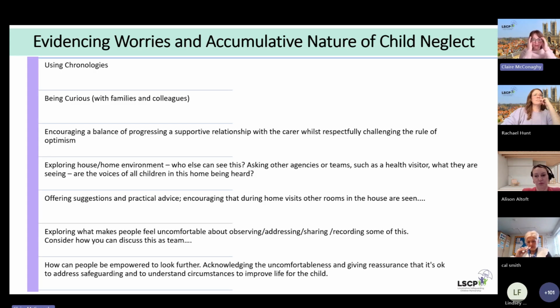It's exploring what makes people feel uncomfortable, and considering discussing this in the teams. It's how we empower people to go further and give assurances that it's okay, because at the end of the day, that's what we're doing with safeguarding a child. So it is okay to ask more questions, and that would be encouraged and supported.